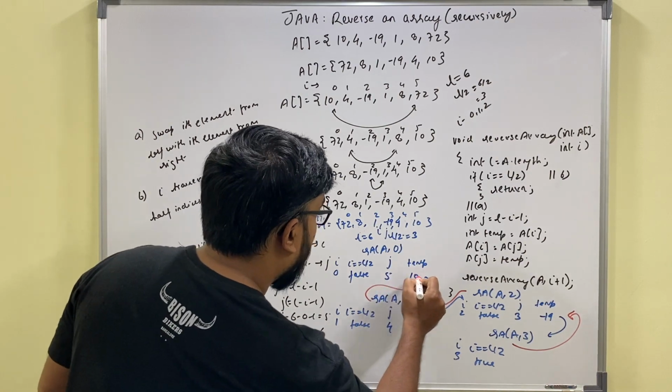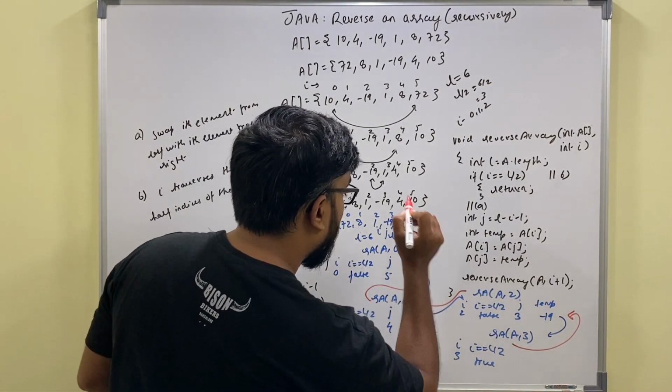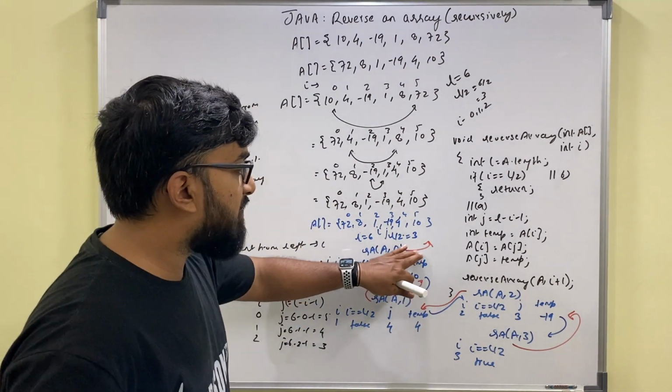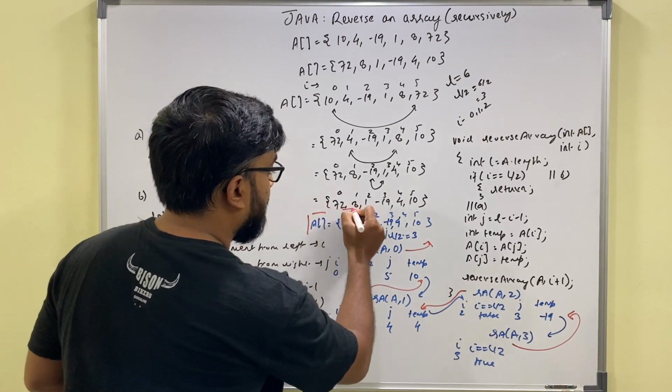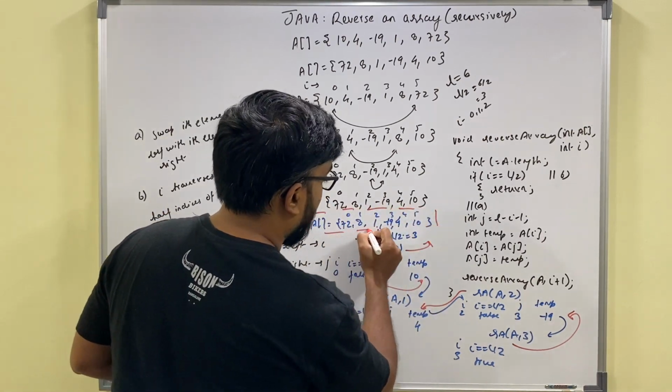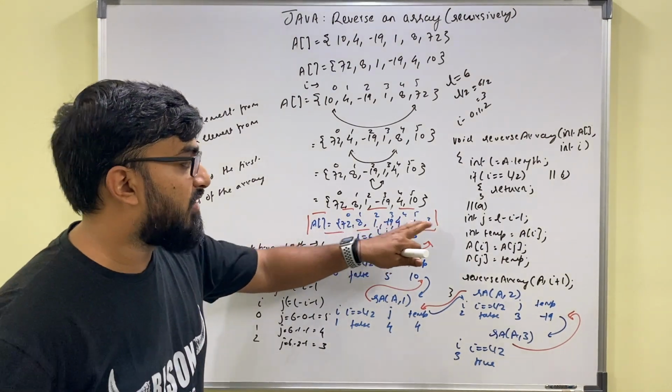Similarly this returns back, and then this returns. So your initial call to reverse array now returns, and your array has changed to its reverse. So you get 72, 8, 1, minus 19, 4, 10.